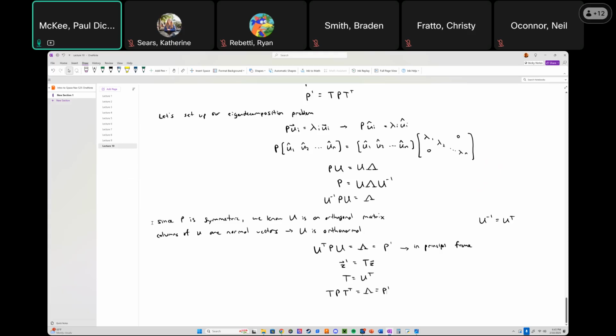I'm saying that if you eigendecompose the matrix P, you get an eigenvalue matrix, which is diagonal, and you also get an eigenvector matrix. That eigenvector matrix is an nth dimensional attitude transformation matrix, which maps from whatever your starter frame is to your final frame. Or in this case, sorry, it is the transpose of that. So it maps from the principal frame to the final frame.